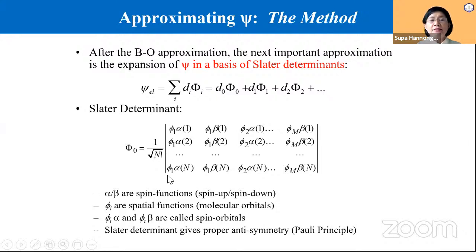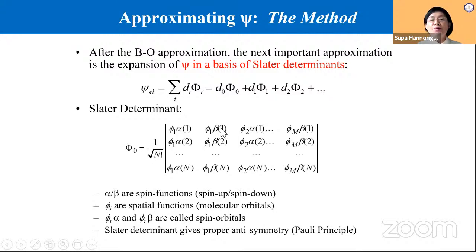Okay, and the Slater determinant in this picture, you can see that it consists of the wave function psi 1 and alpha 1. This stands for the wave function of electron 1 in the bracket. Okay, and it also contributes to the spin orbitals, up alpha and down beta.